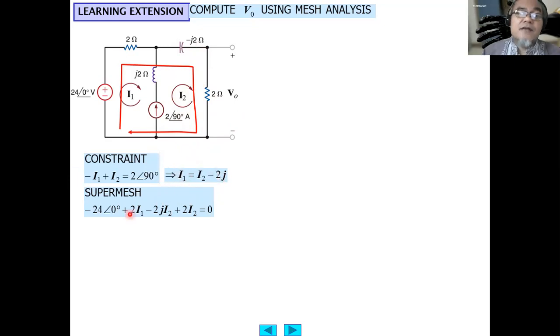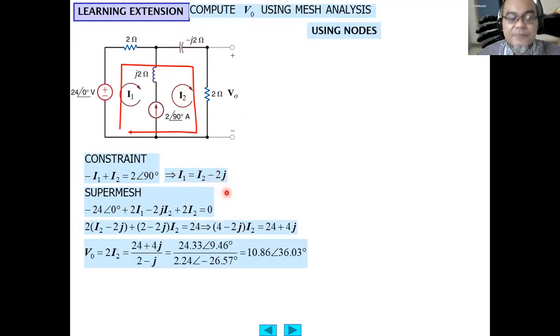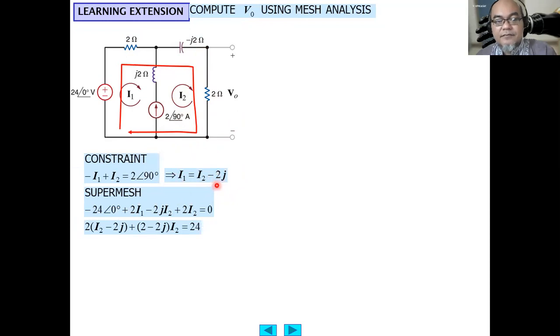Then we can substitute I1 using this equation. So this becomes 2 I2 minus 2J here, plus 2 minus, and we substitute here I1 with I2 minus 2J.